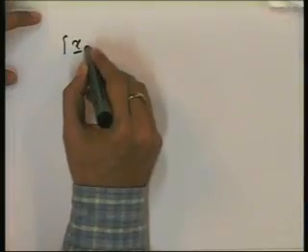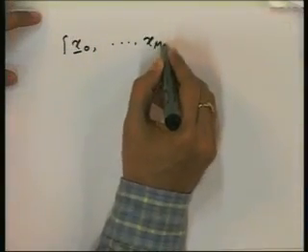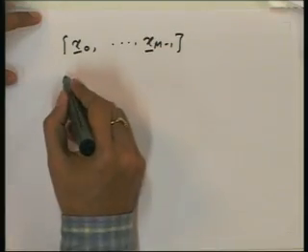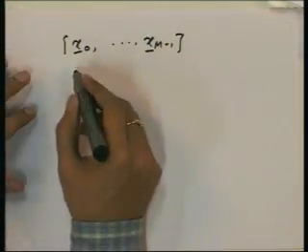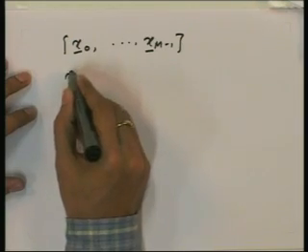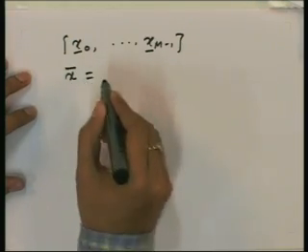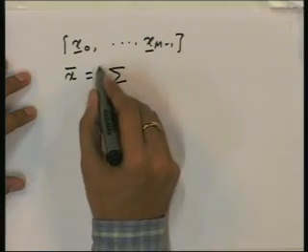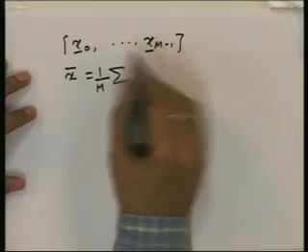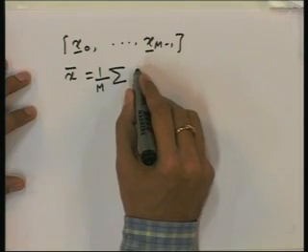So suppose we have this signal set x0 to x m minus 1, and suppose the centroid of these points is x bar. The centroid is nothing but the average of all of them.